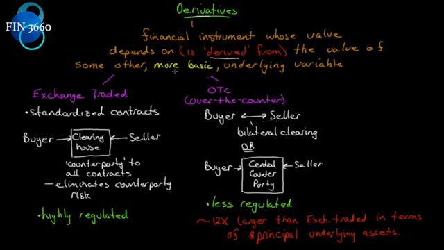So let's deal with the more basic. This means that whatever the financial instrument is deriving its value from, that particular asset has a price that's closer to the value of it itself. So for instance, if you have an option on a stock, the option derives its value from the price of the stock, but the price of the stock derives its value from the value of the company itself.